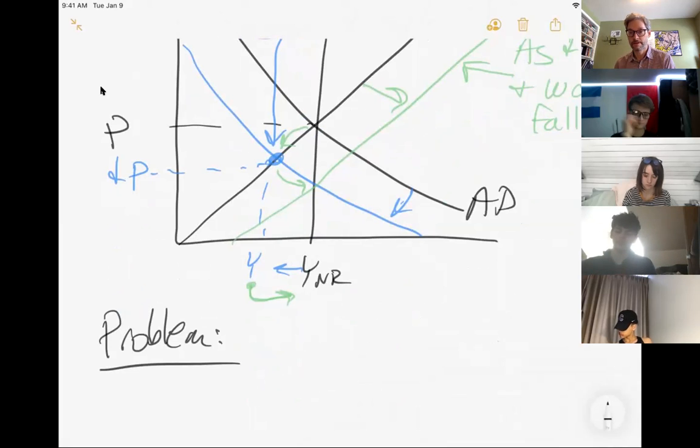Any guesses? What's the limit to this approach? No takers?